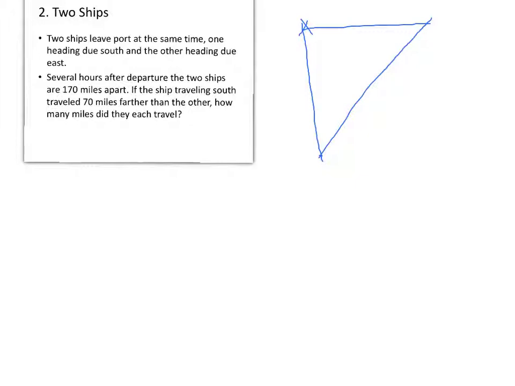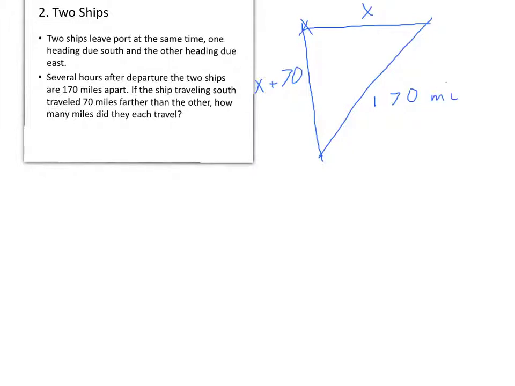And we're told that the southbound boat travels 70 miles further than the eastbound boat. So let's call the distance the eastbound boat travels x, and then the southbound boat travels x plus 70. And we also know that the distance between the two boats at the end of that time is 170 miles.